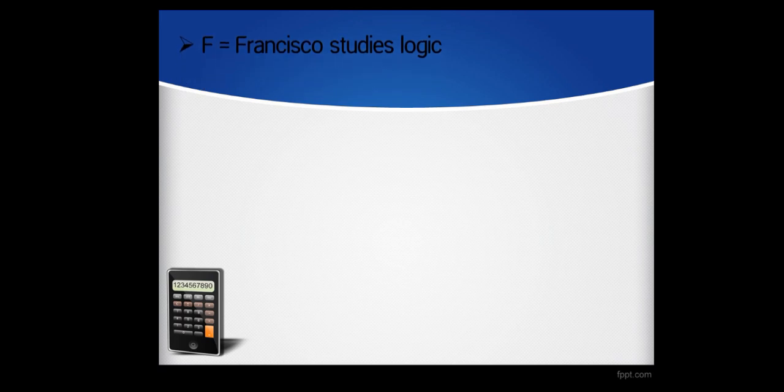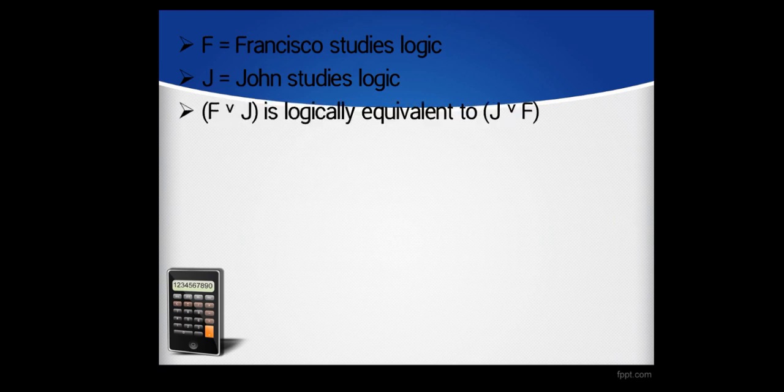For example, F stands for Francisco studies logic, and J, John studies logic. Therefore, F or J is logically equivalent to J or F. Or we can say that Francisco or John studies logic, and John or Francisco studies logic.